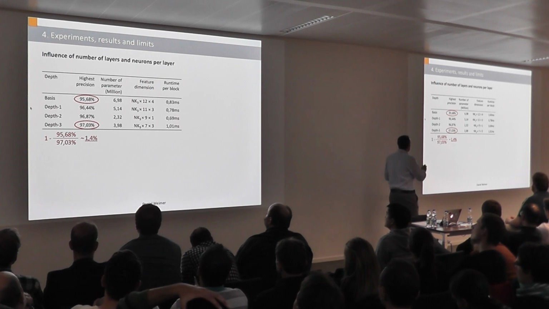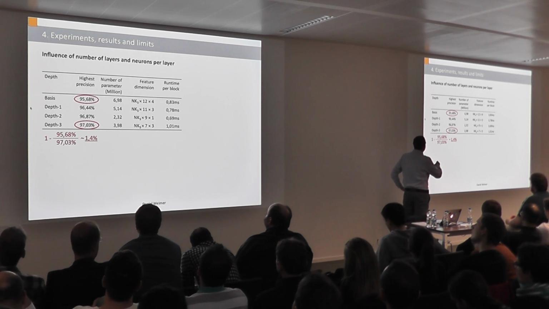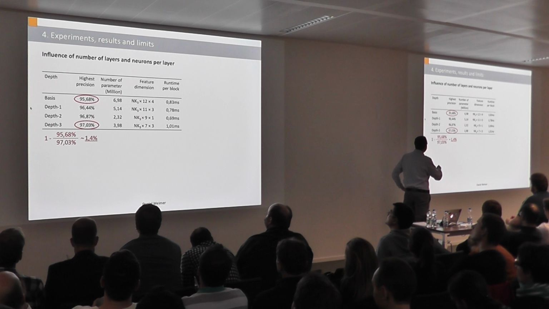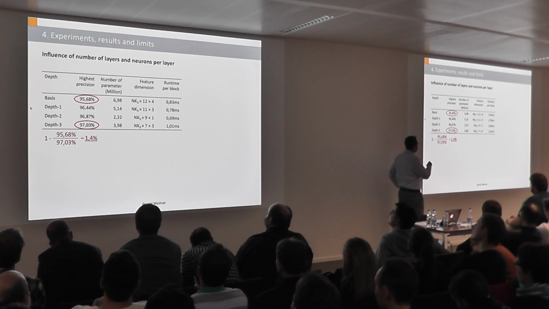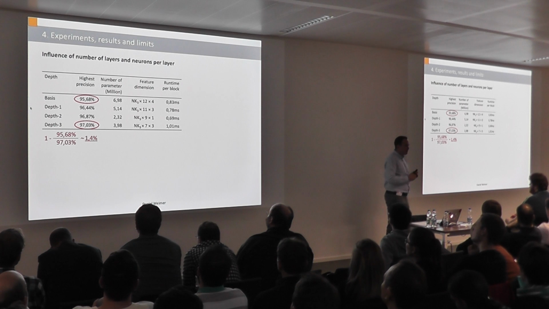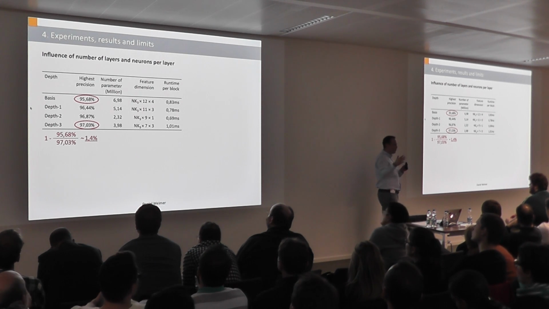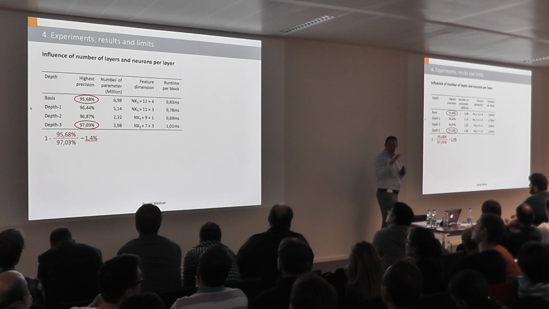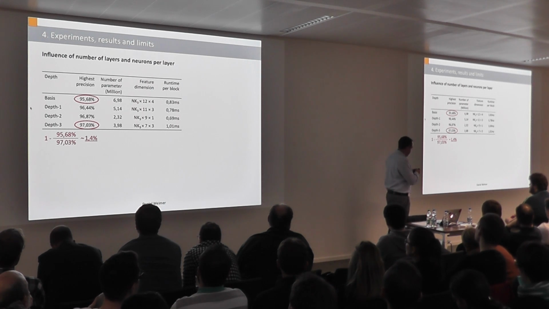And what you can see here, from the basis to depth 3, that the basis has, I think, 3 convolution layers, depth 3 has 9 convolution layers. We only have a performance gain of 1.4%. So this means even if we have at least 3 times more convolution layers, we have just slightly bigger performance.